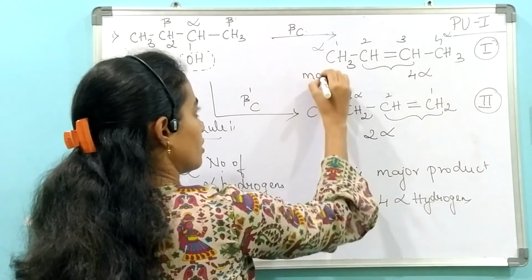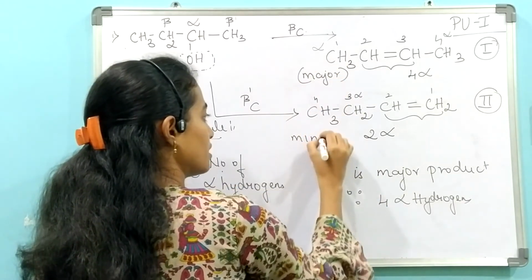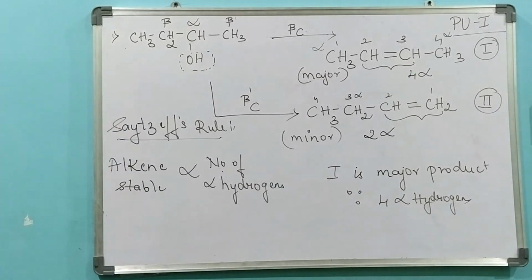So when you have confusion in deciding which is the major alkene, then you can go by Saytzeff rule. Saytzeff rule helps us to decide which alkene is formed more stable, or which is the major alkene formed in the elimination reaction. In the dehydration of alcohol, if you have any 2 options, then you can go by Saytzeff rule.